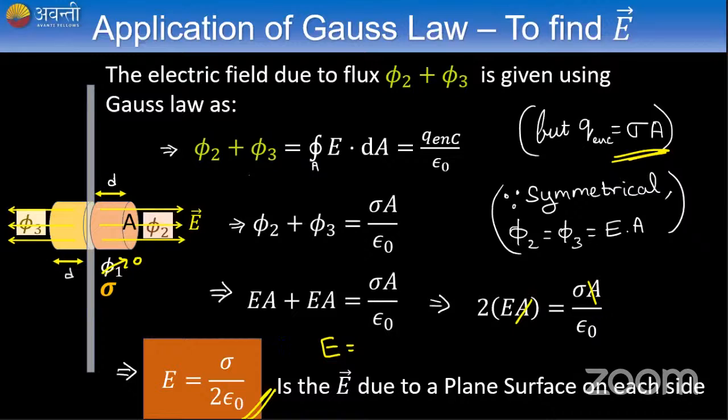Or what will be my net electric field if I combine these two? What will be my E? For one side of the plane, we have E is equal to sigma by 2 epsilon naught. For two sides of the plane, if we combine, what will be the magnitude of E net? Or can I put it this way: what will be the electric field at the midpoint?